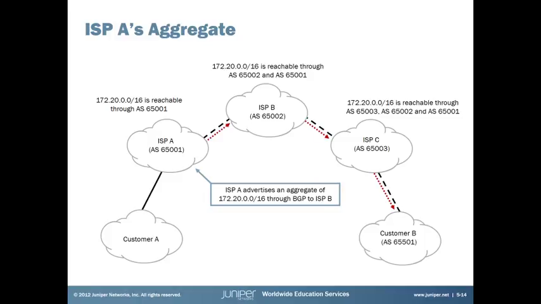The originating autonomous system, ISP A, puts its AS number on the route. This is the originator, ISP A. B re-advertises, adds its autonomous system. C re-advertises again, adds its autonomous system, and that is received by B. Okay, how are we doing so far?